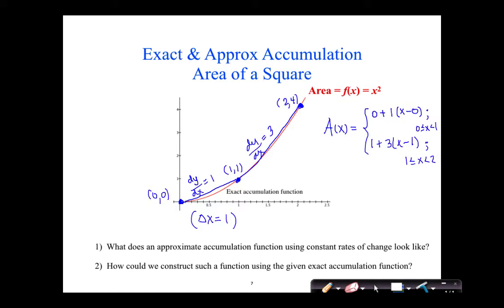Now, piecewise functions are tedious to write. The good thing is, our goal is not to write the accumulation function, our goal is to write the rate. Guess how much of that is the rate? Not very much. 1 and 3. I can write that approximate accumulation function out, but our goal was to write an approximate and then exact rate function.